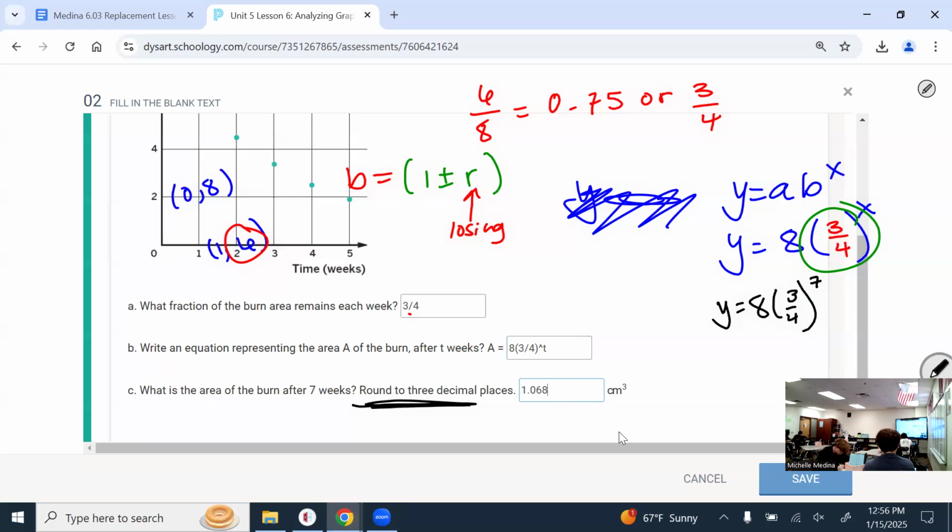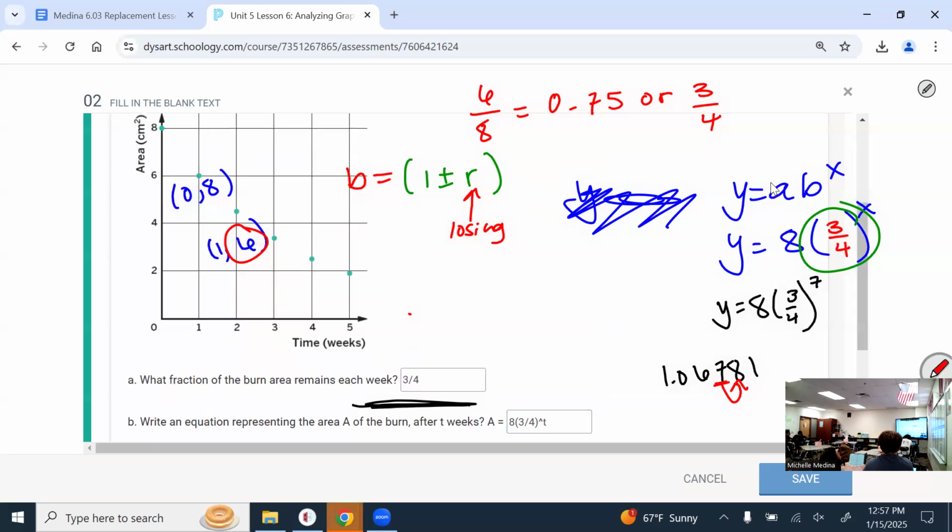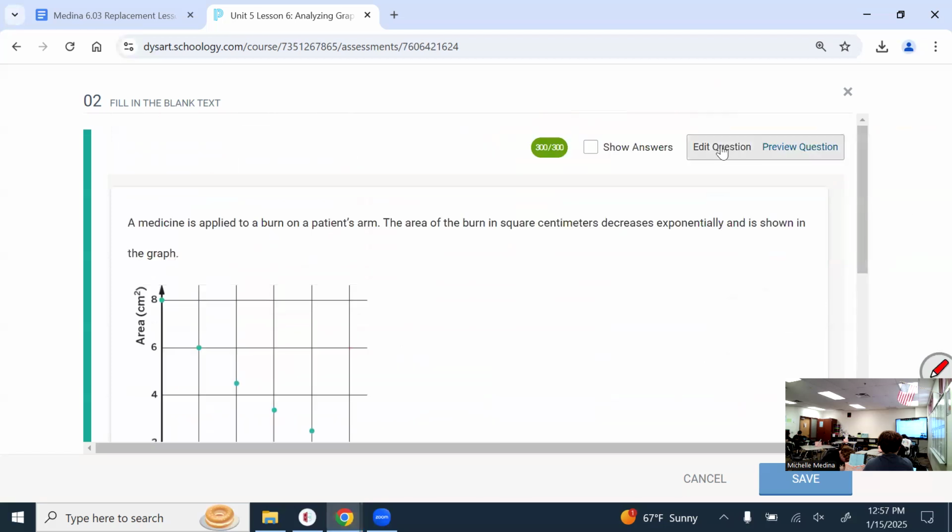You've got to round to 3 decimal spots. The decimal is really long actually, but when I round to 3 decimal spots, you look to the right. Since that number is between 5 and 9, I need to round up 1. Let's see what the key says. Okay, it says I'm completely right.